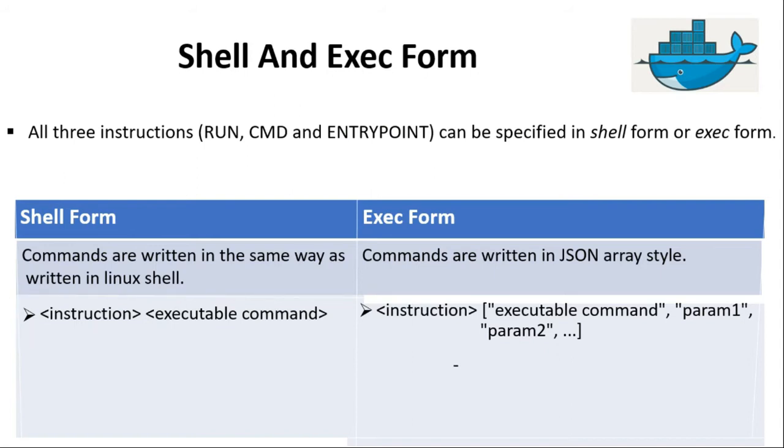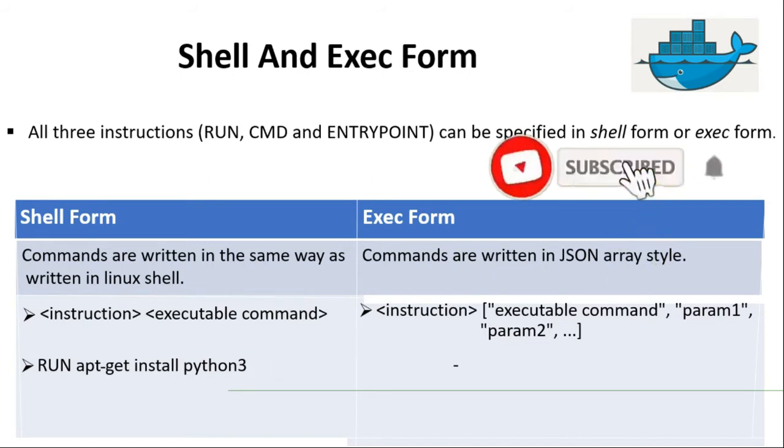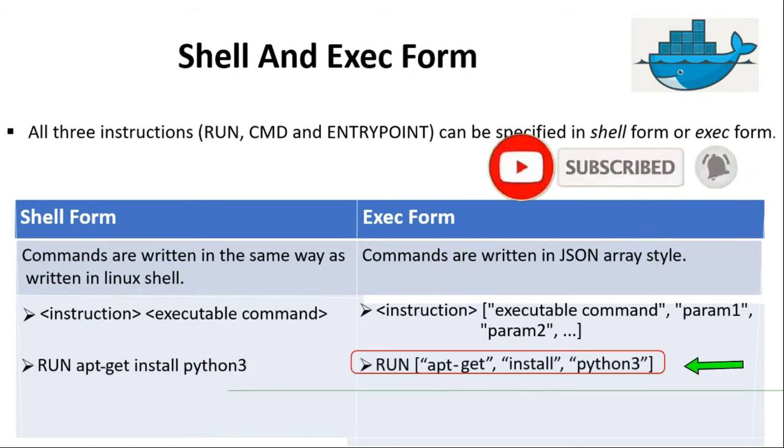Now friends, let us look at the two ways of executing the commands by taking one example for each run, CMD and entry point instruction. So friends, this is the command to install Python using run instruction in shell form. And friends, the same command when written in exec form looks like this.